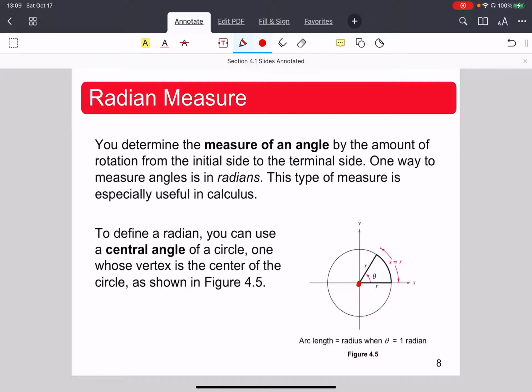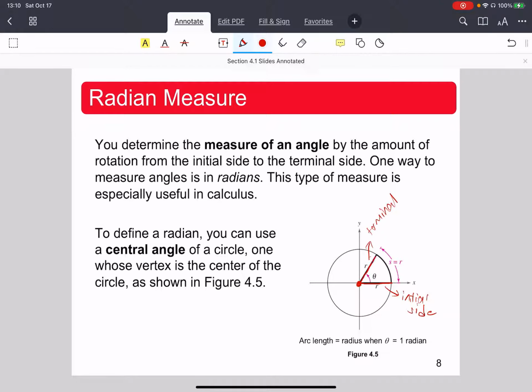We have an angle whose initial side has length r, and then we have the terminal side, which has the same length.